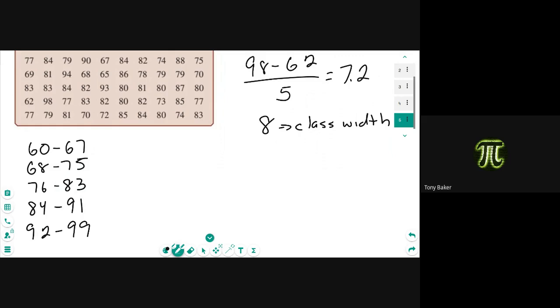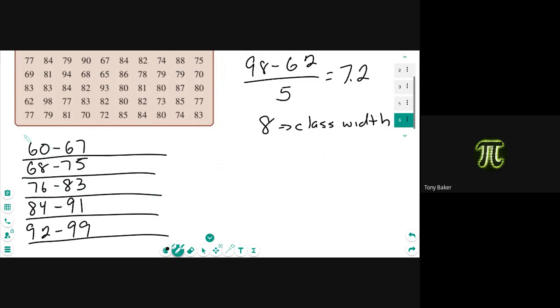Now all you would do is go through the table and count how many are in each class. What I would suggest when you're doing this is don't sit there and go, okay, 60s, and go through the whole list.